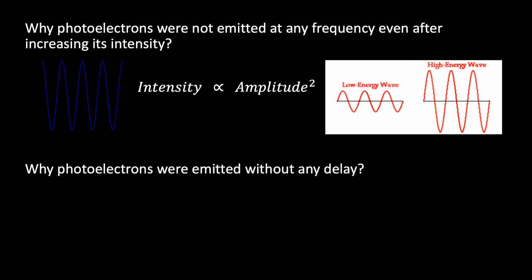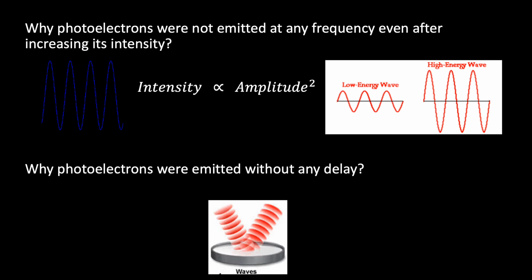The second question is why photoelectrons were emitted without any delay. In the classical wave theory, the light energy is uniformly distributed over the wavefront. So when the light falls on the metal, the energy of the incident light will not entirely go to a particular electron in the metal, but will be distributed uniformly to other electrons also.